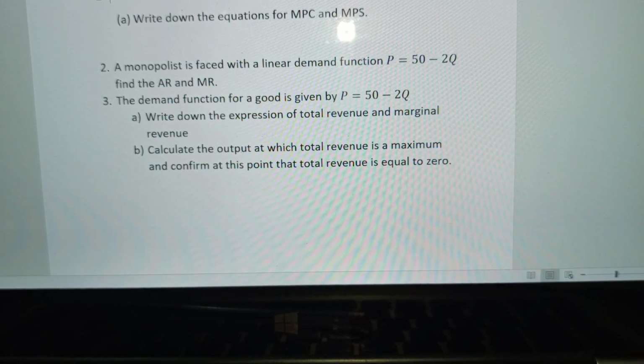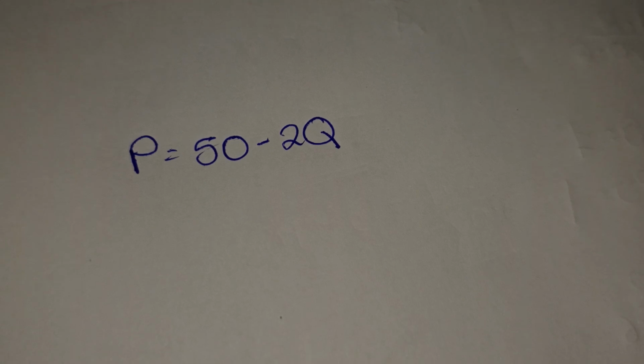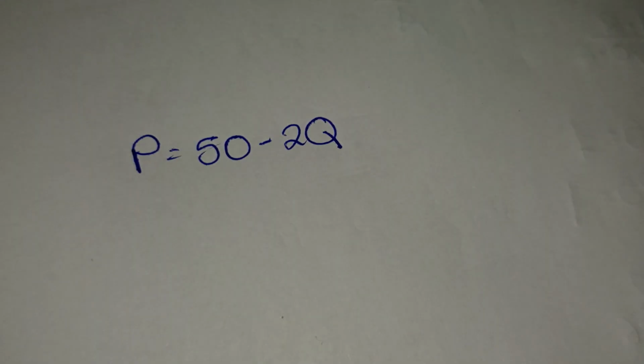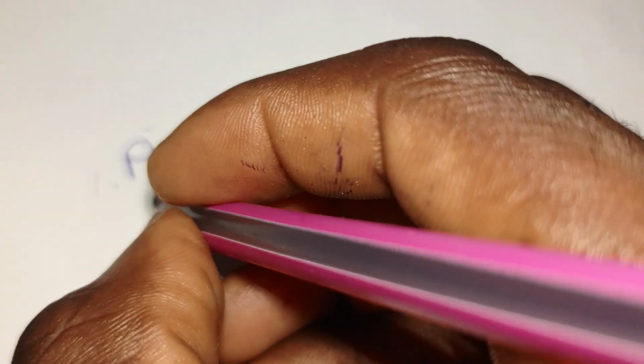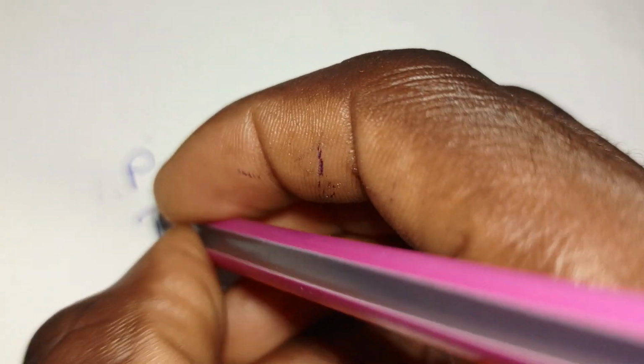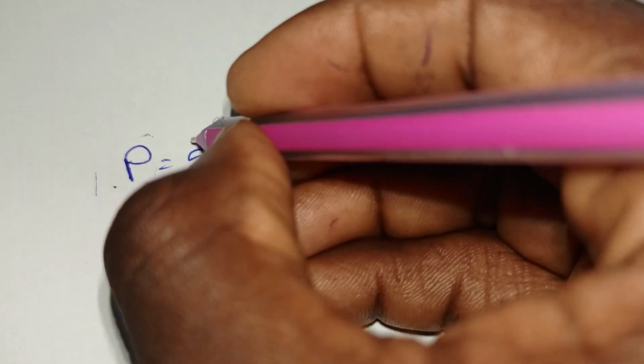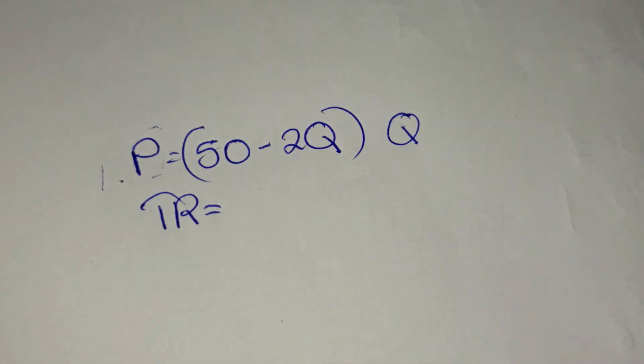So for us to even get the marginal revenue, remember in our preamble we said the marginal revenue can only be gotten when we multiply the demand function with what? Q. So the total revenue in this case is, we multiply this times Q, where Q is the quantity.